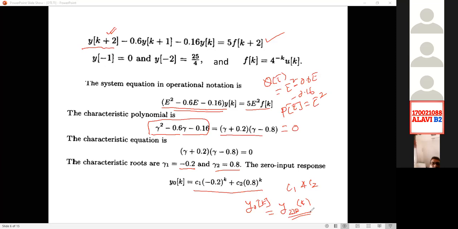So at this stage, we apply the initial conditions given there, y[-1] equal to 0, y[-2] equal to 25/4. In this equation, you put k equal to -1 and equate it to 0, and put k equal to -2 and equate it with 25 divided by 4. Then you solve these two equations simultaneously to find the values of C1 and C2. Is your system stable?